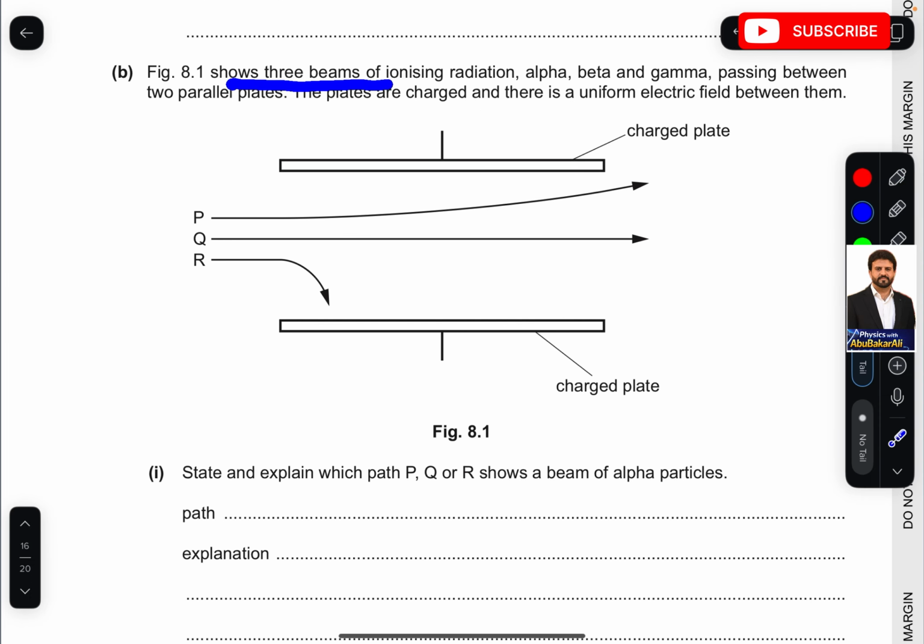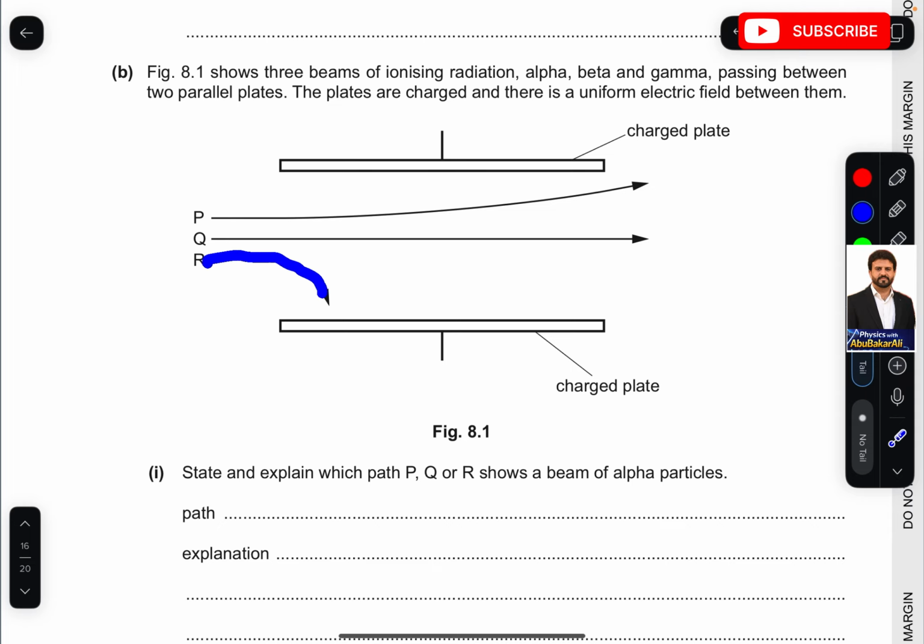Then part B shows three beams of ionizing radiation, alpha, beta, and gamma, passing between two parallel plates. The plates are charged and there is a uniform magnetic field between them. You have to state and explain which path, P, Q or R, shows a beam of alpha particles. Okay. If you see, this is the gamma because gamma is neutral. You have to choose between P and R, which one is alpha.